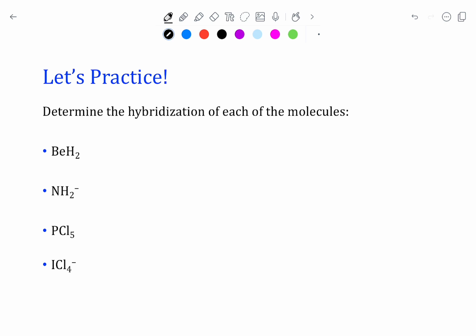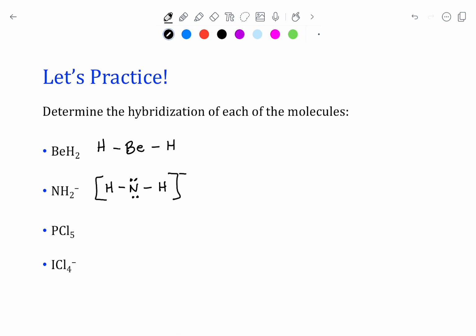Okay, so we have BeH2. We have NH2 minus. Remember that minus matters when we're drawing our Lewis structures. So this is going to be like that. Don't forget your bracket with the negative out there.